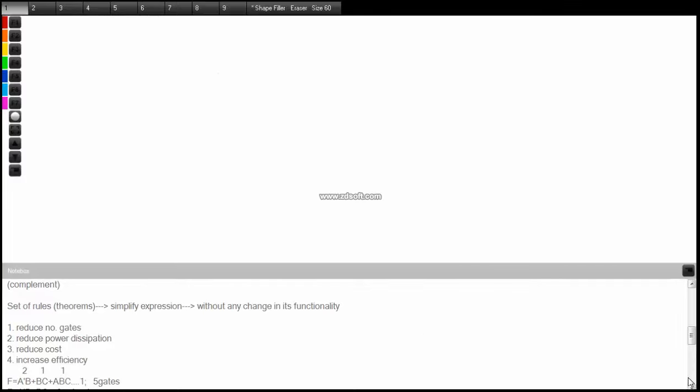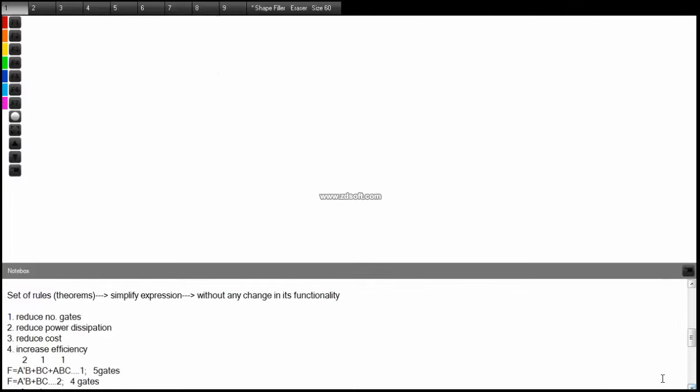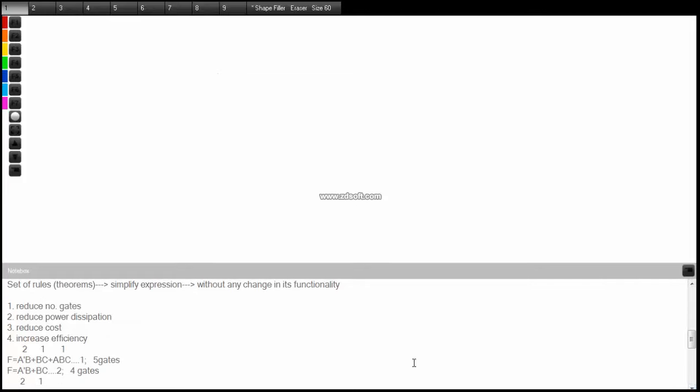Now we have simplified this equation and we have obtained this equation. What it says: f is equal to a naught b plus bc. How many gates have we used here? We have used two gates, one AND gate and one NOT gate. For this part, we have used one AND gate.